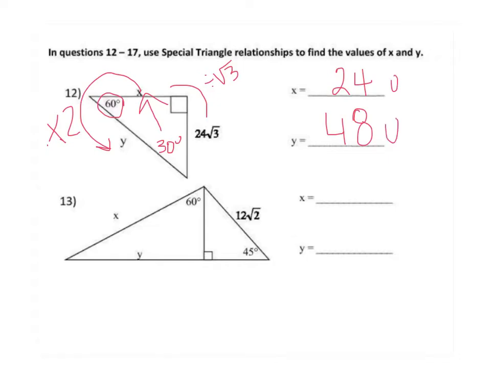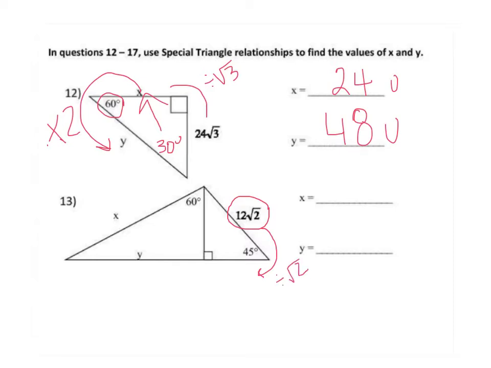Now this one is actually a combination of a 45-45-90 and a 30-60-90 triangle. So we're going to start with the side that we're given, which is 12 root 2. And that is the hypotenuse of the 45-45-90. So to get the side, I'm going to divide by root 2.